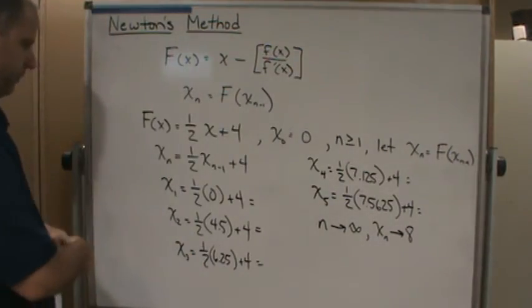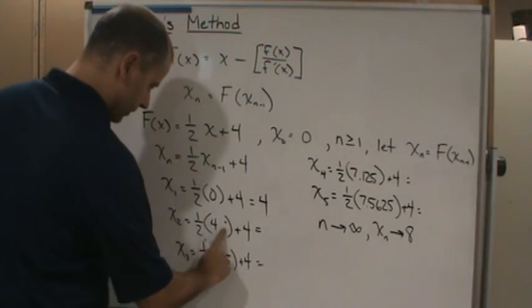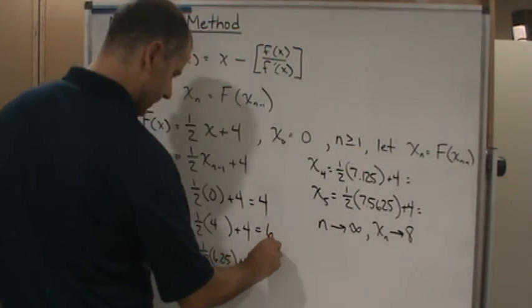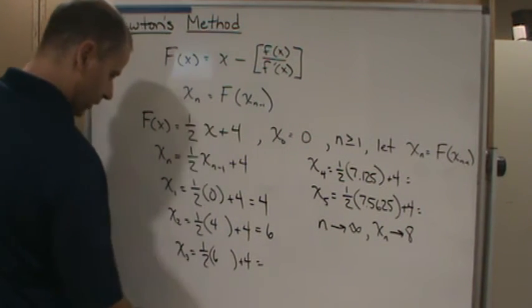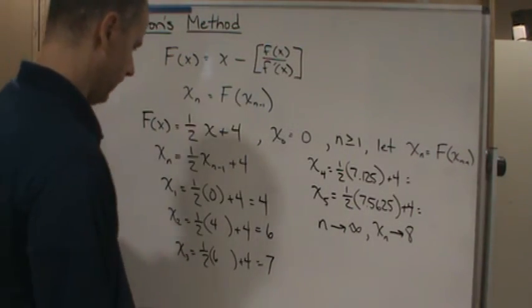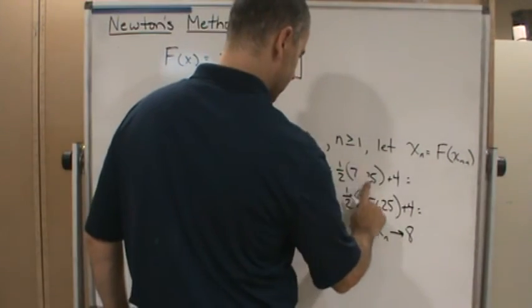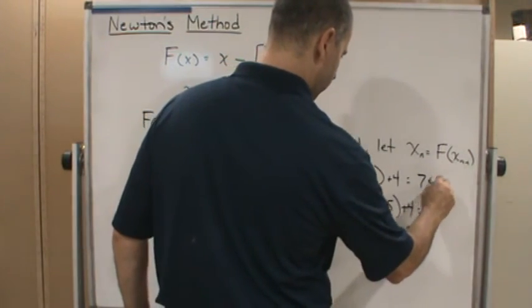This is 0, so this is 4, which means this is 4, which would be 6. And this would be 6, which would be 7. And then here, this would be 7, which would be 7.5.